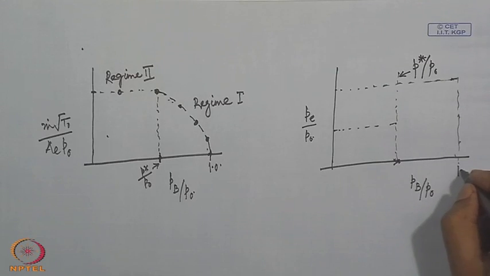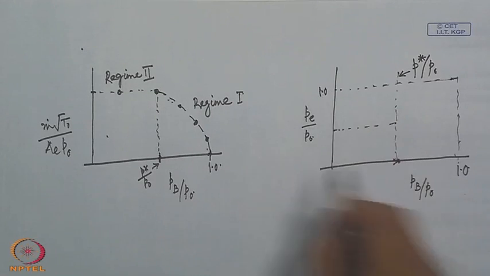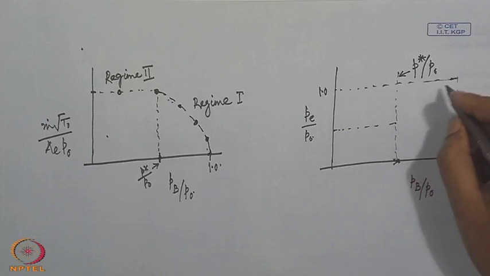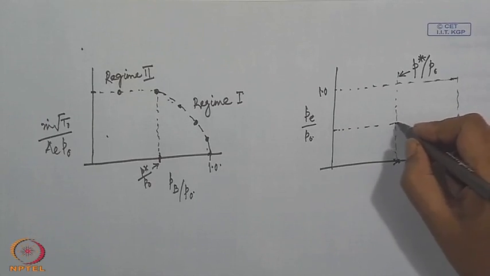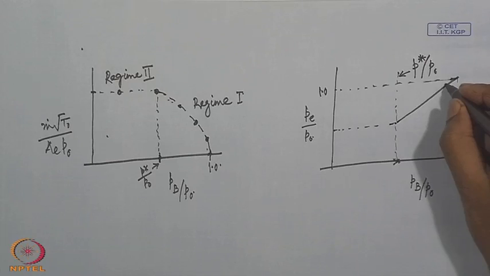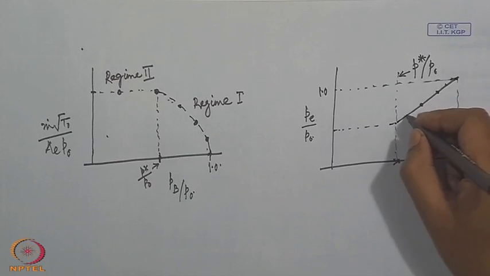When P b by P 0 is, say, 1.1, in regime 1 the back pressure and exit plane pressure are the same.